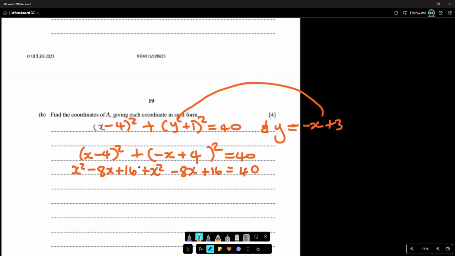Here we get 2x squared, because these are like terms, minus 16x, plus 32 equals 40. And then we can see there's a common factor of 2, so I'm going to divide everything by 2.